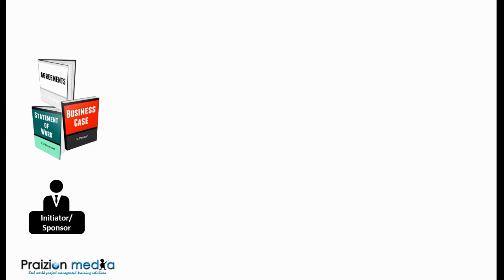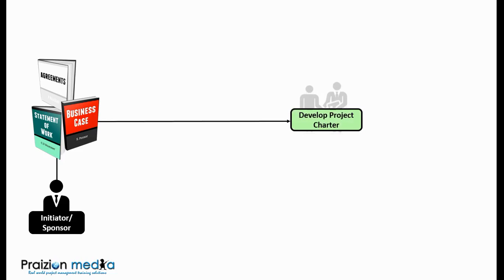So, if the project is for an external client, then we could very well be using our contract as one of these agreements and an input to developing the project charter. So, here's the dynamic: we've got the agreements, the business case, the statement of work.